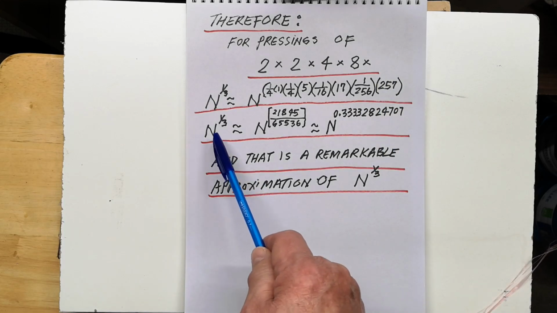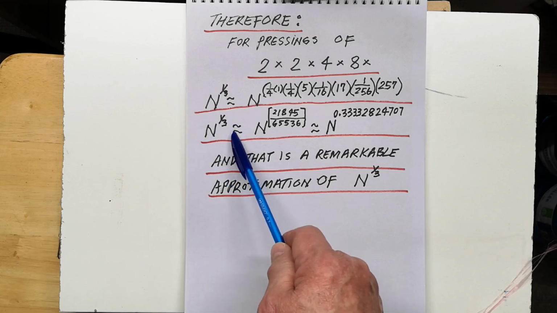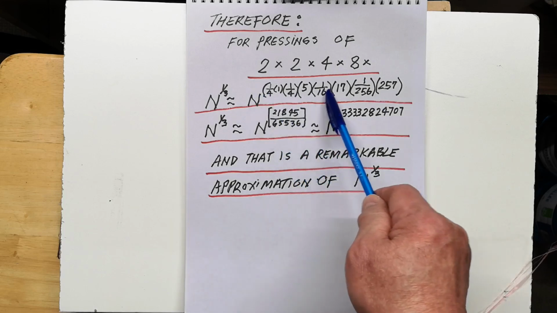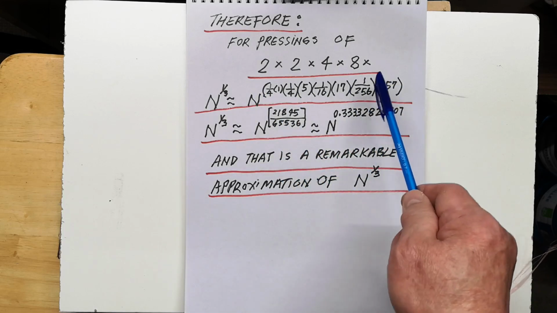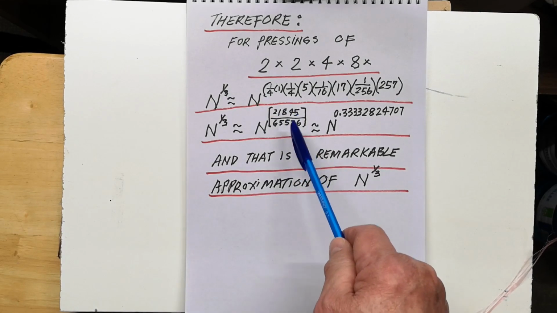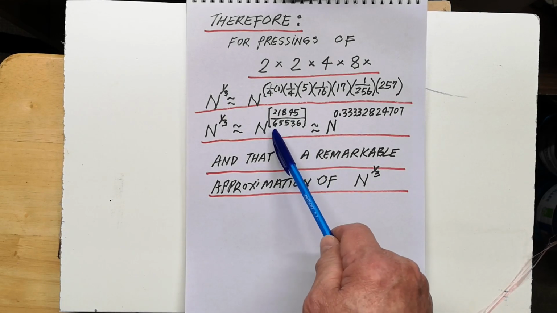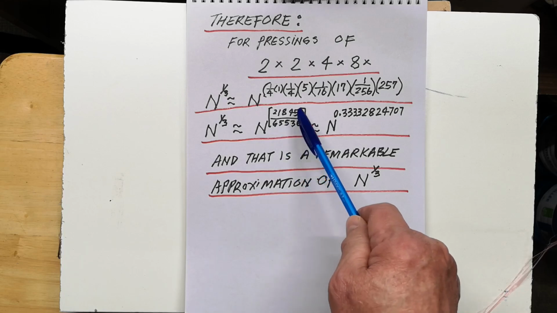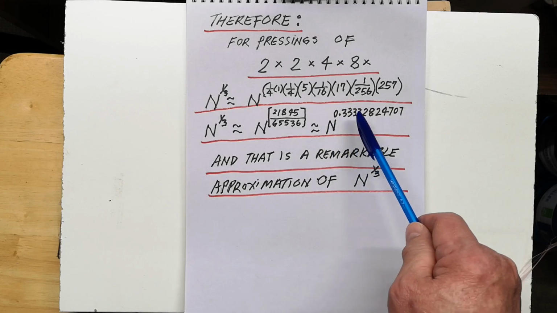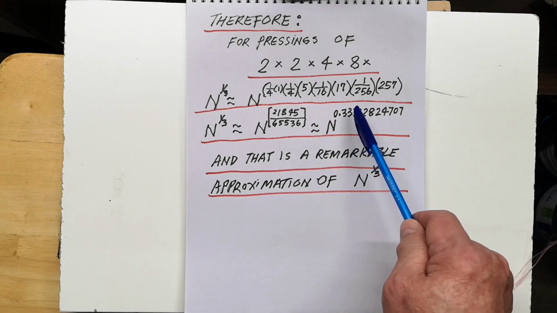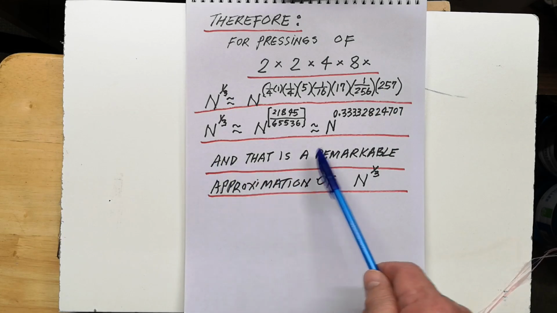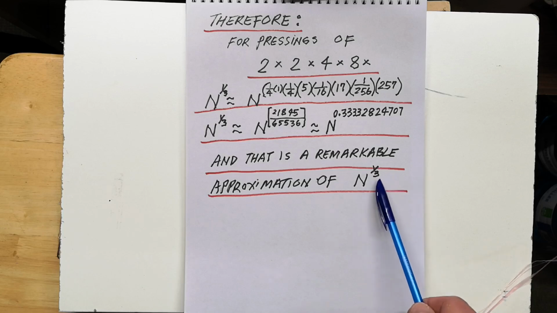So the cube root of n is approximately equal to, you multiply the numerators and also you multiply the denominators. The numerator will amount to 21,845 and the denominator is 65,536. If you divide these two, you will get that n is now raised to 0.33332824707. And that is a remarkable approximation of the cube root of n.